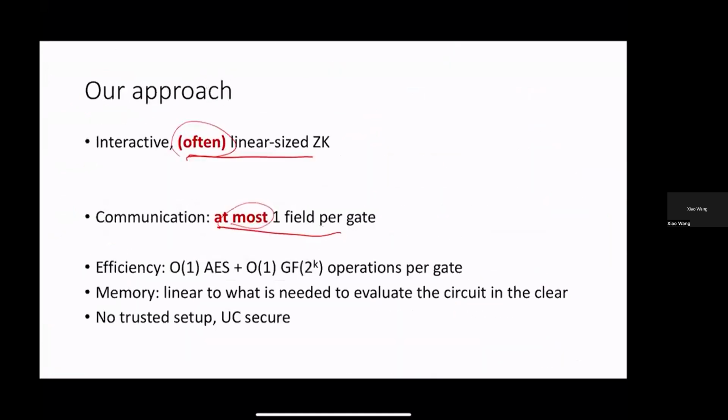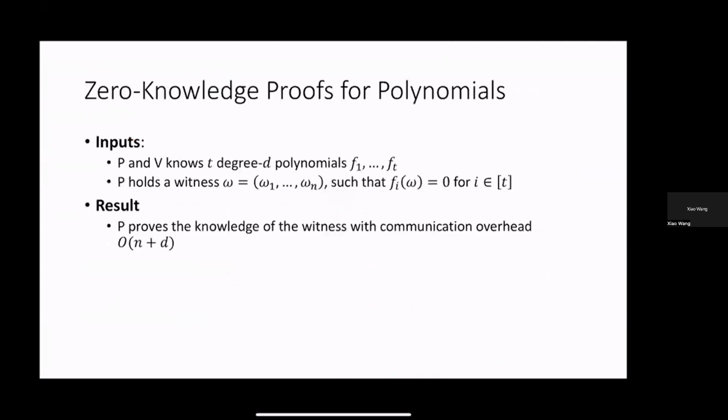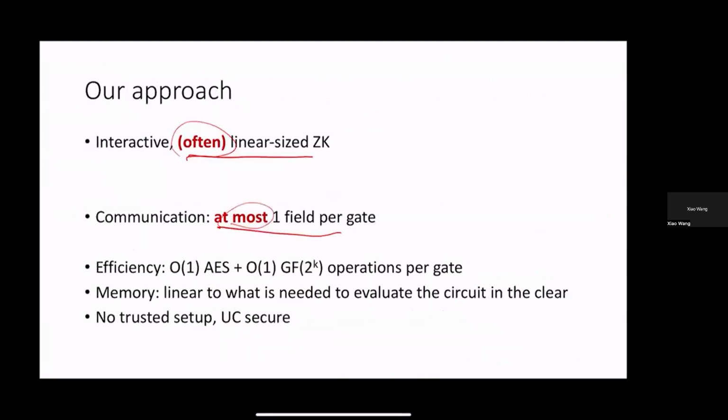So in order to reduce the communication, we know that these are essentially the best we can hope for. The interactivity seems not very easy to overcome, but we first want the communication to be smaller.